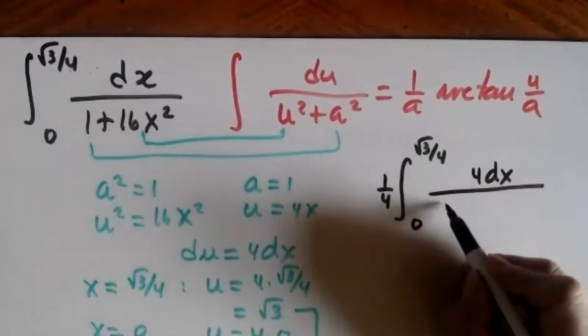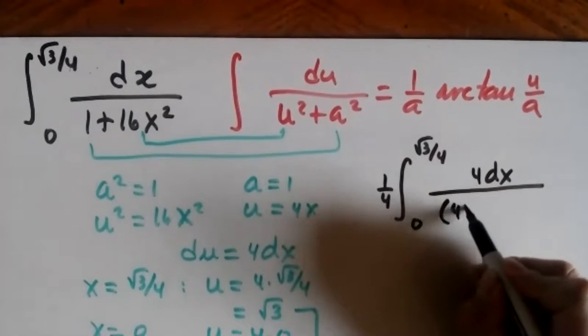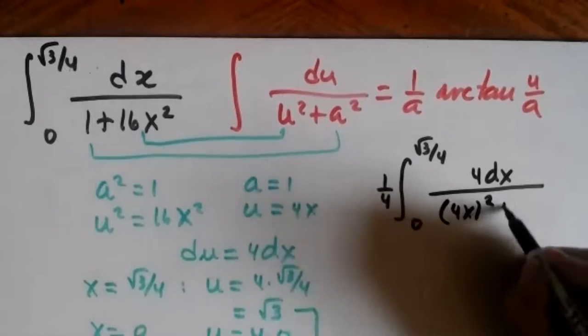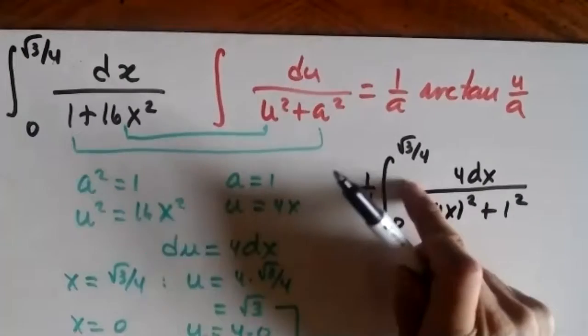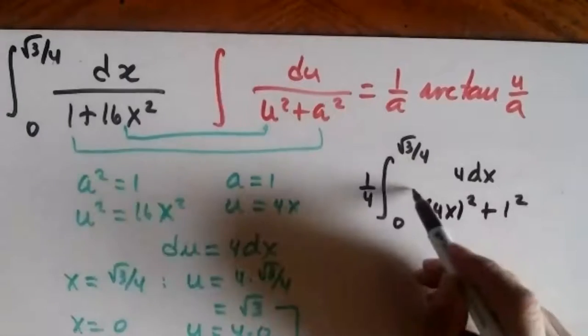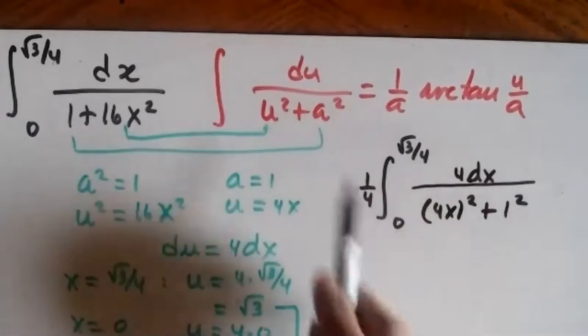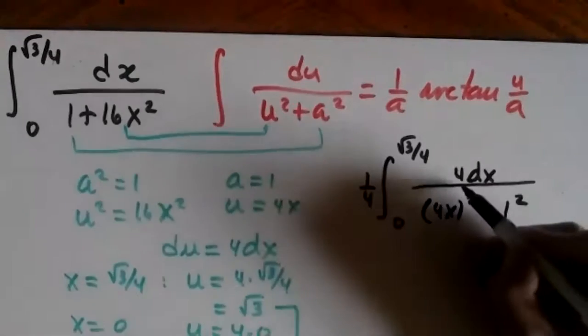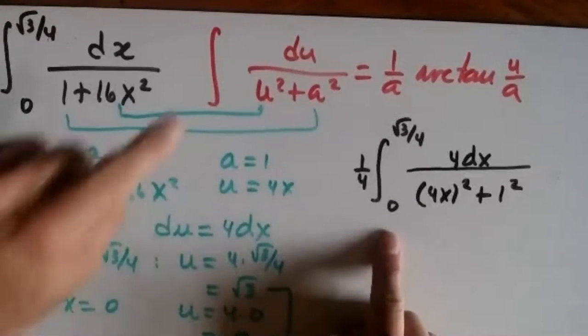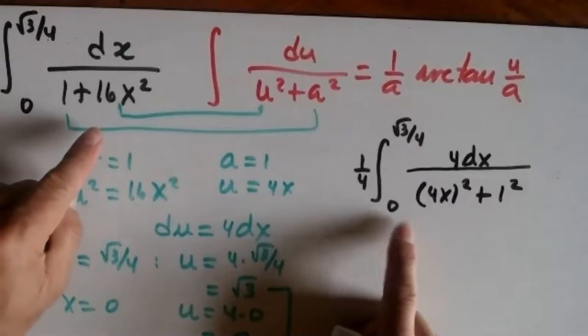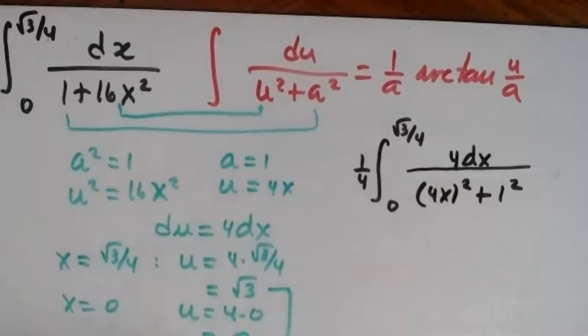Then you have 4x squared plus 1 squared. So what I did is very simple: write my problem in the format of my solution, right? So this is exactly the same as this one. The 4s cancel, so it's the same formula.